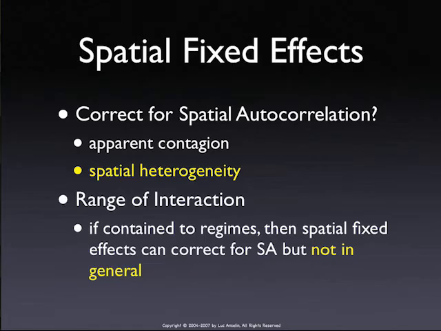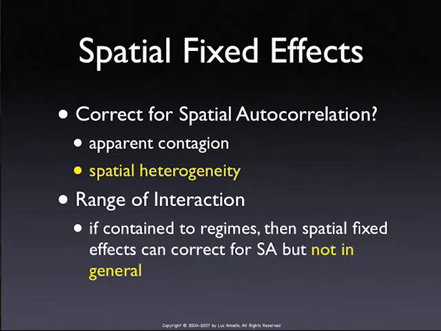Let's say you have firms in a state, and the firms in the state are correlated because the same state policies affect all the firms in the state, and then you go to another state and they have different policies, but again, they're all affected similarly. This is often treated by using a fixed effect for the state in the firm-specific observation.